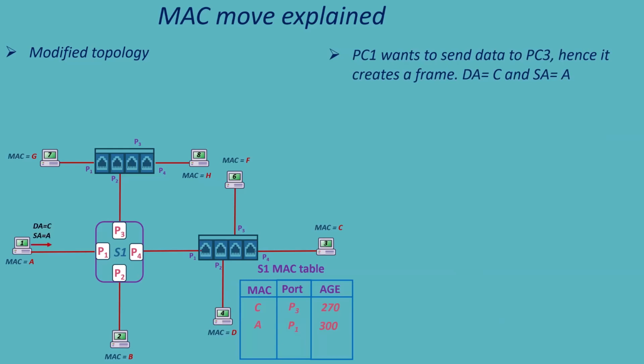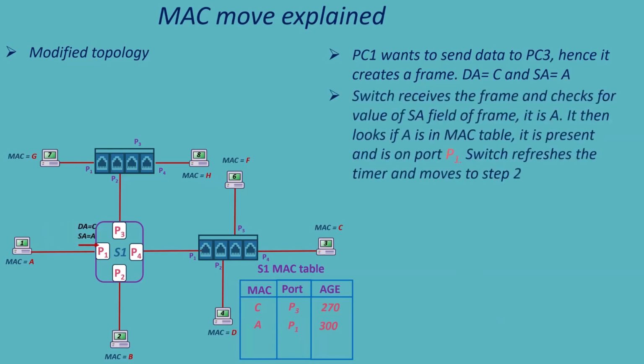So it creates the frame and sends it out. Now switch S1 receives it. Switch S1 will refresh the entry in the MAC table for A and move to the next step, which is to look at the destination address of the frame, which is C, and it knows that C is reachable via port P3.